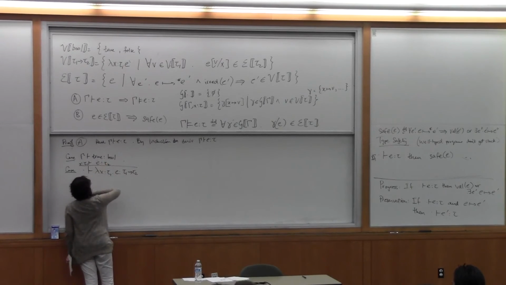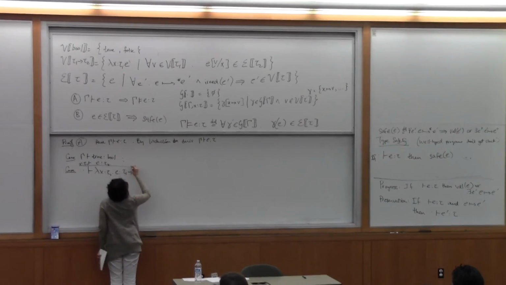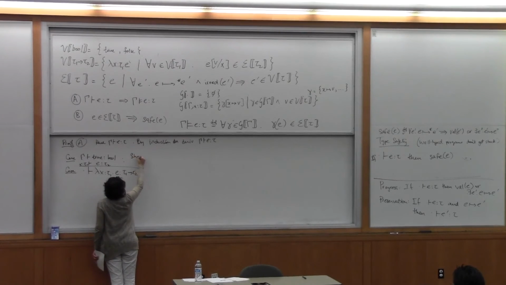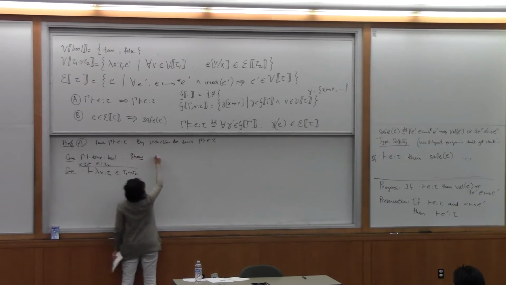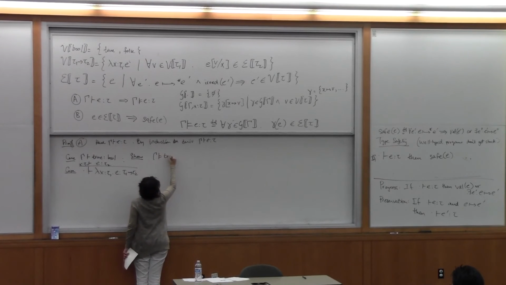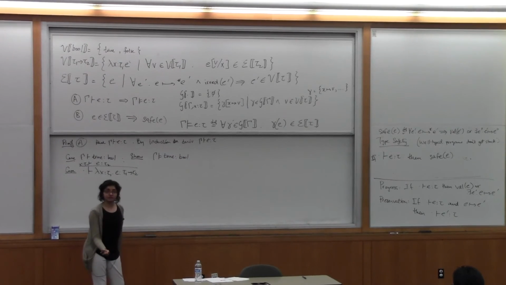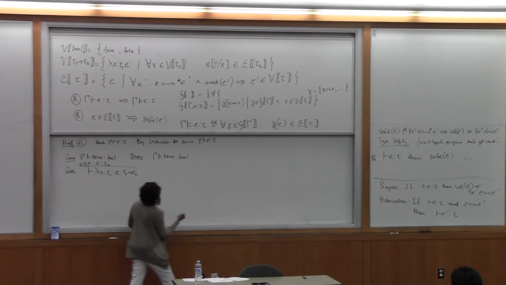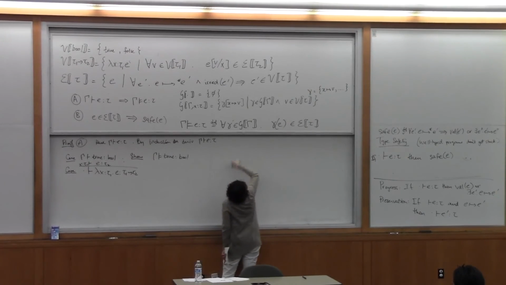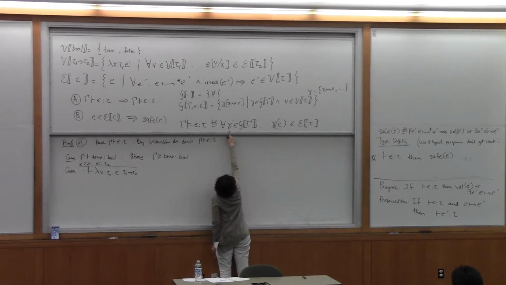When we have true of type bool under gamma, what we're required to show, just to really spell it out at the outset, is that true is in the logical relation. In order to show this, first thing you're going to do is say, consider arbitrary substitutions gamma that belong to G of gamma.